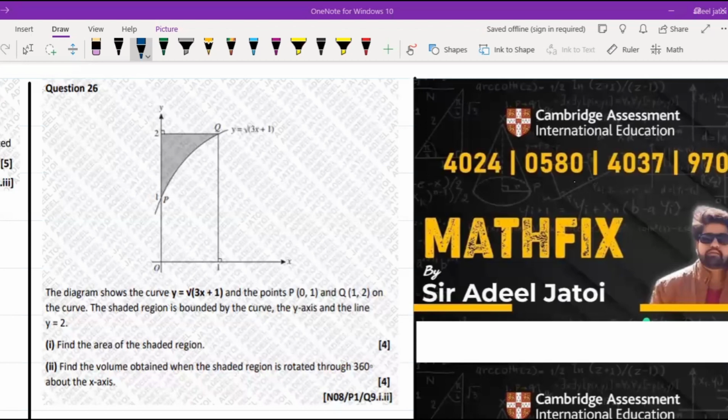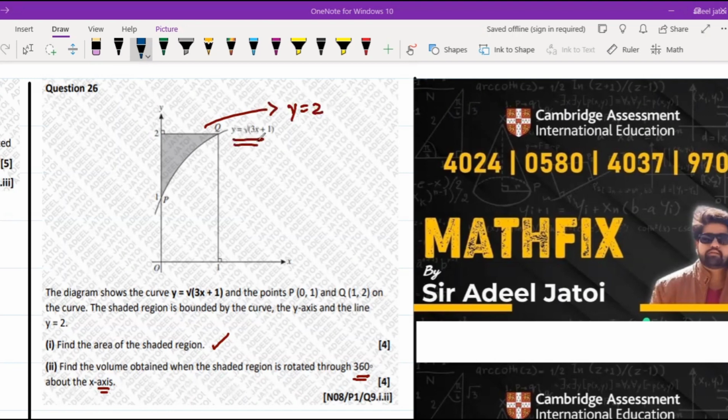Okay, in this question, you need to understand that the first part is the area. For area, you need to understand it through lecture number 2. In part 2, it says to find the volume obtained when the shaded region is rotated 360 degrees about the x-axis. Now, about the x-axis, this is your equation of the line, whereas this is your equation of the curve.